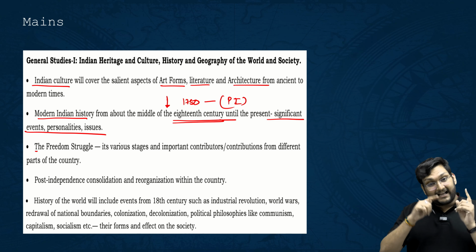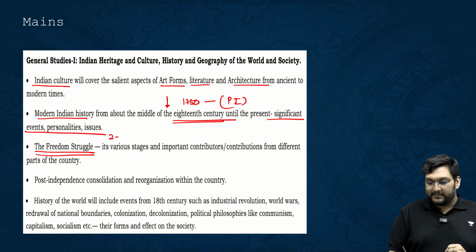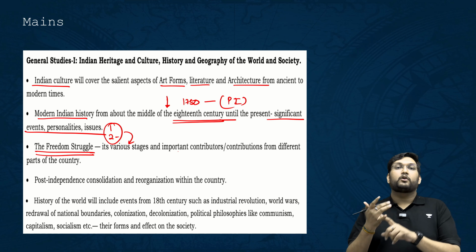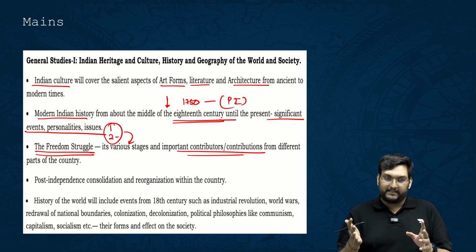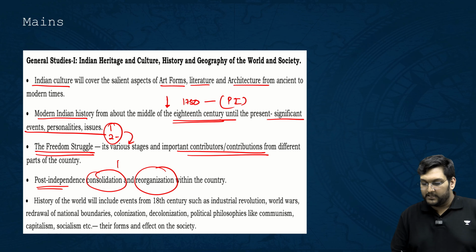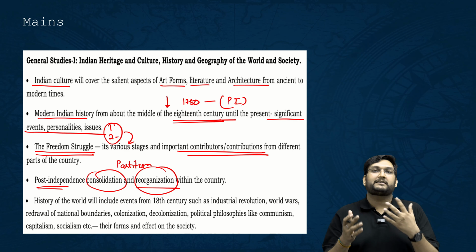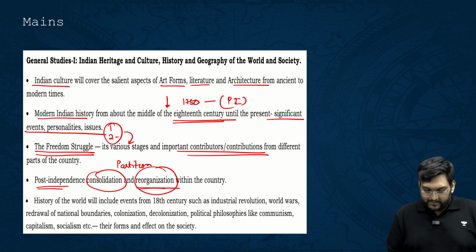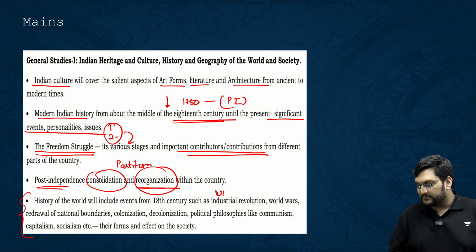The freedom struggle, again directly quoted. That is why at least 1 or 2 questions come out of this area, because it is directly quoted. Contributors and contributions of personalities. Post-independence consolidation and reorganization. So herein partition becomes very, very important, and linguistic and the other 3 phases of reorganization very, very important. Then last is world history.